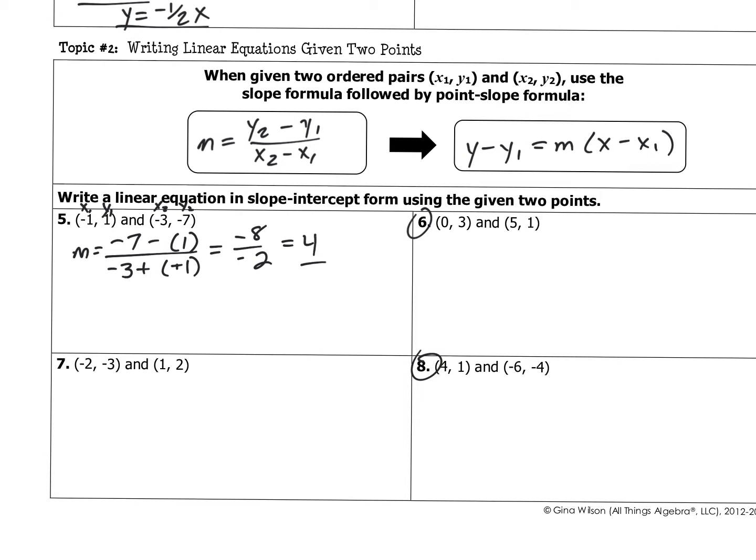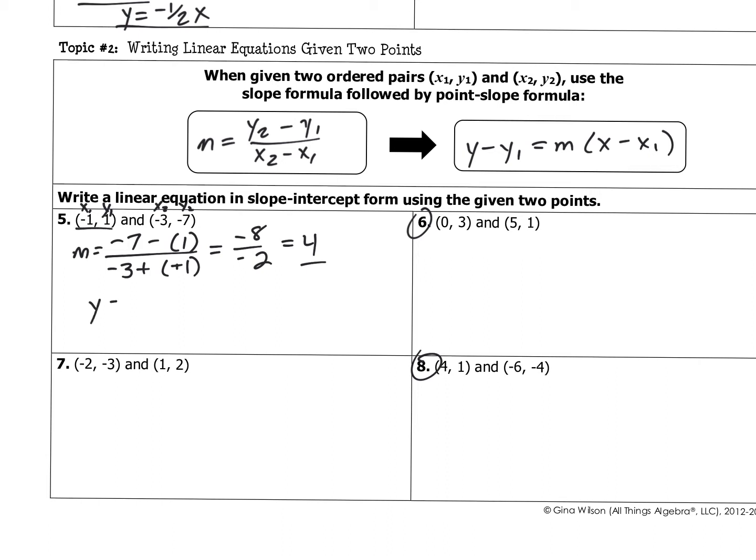Now I can calculate the equation of the line using the point-slope formula, and I can choose either point. I always choose the point with easier numbers, where both numbers are positive or just smaller and easier to multiply. So I'm going to choose the first point since they're both 1.